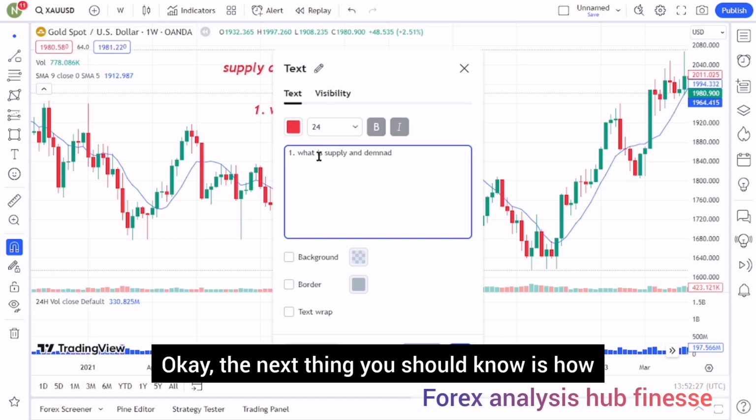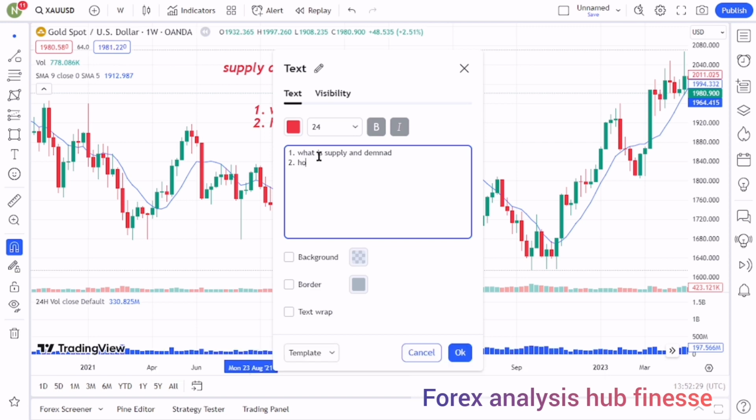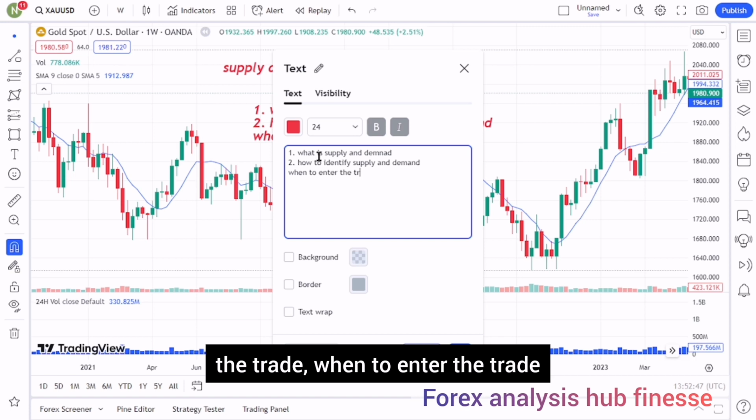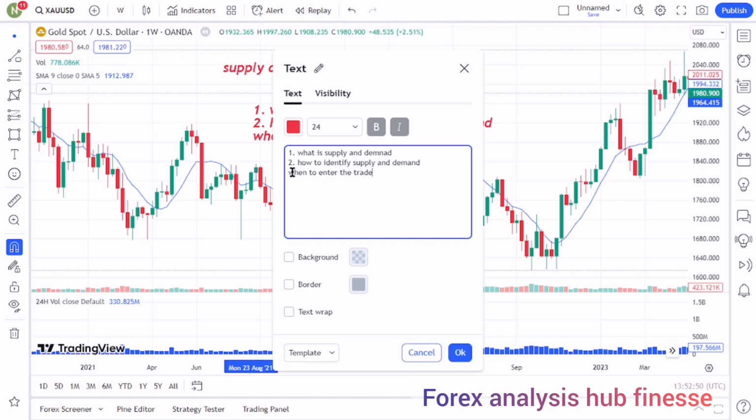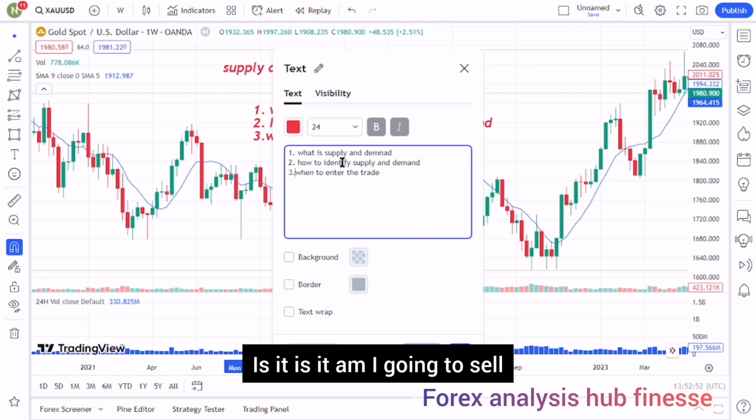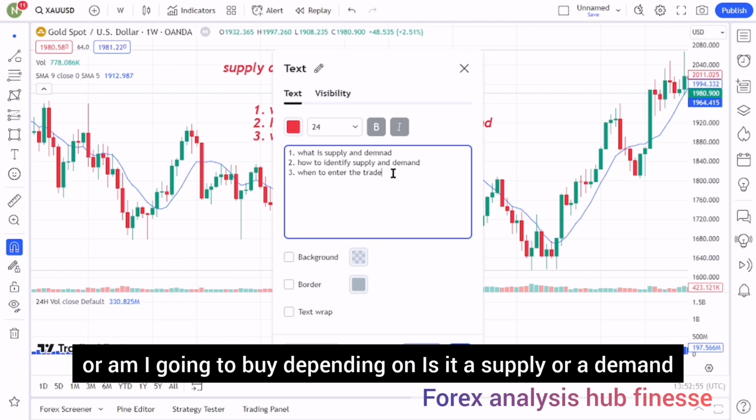The next thing is how to identify supply and demand. The next is when to enter the trade. Am I going to sell or am I going to buy, depending on whether it is a supply or a demand.